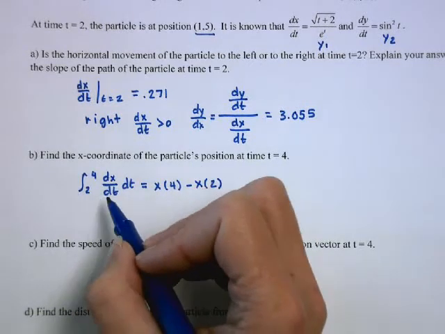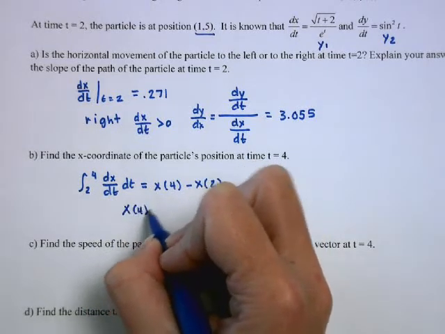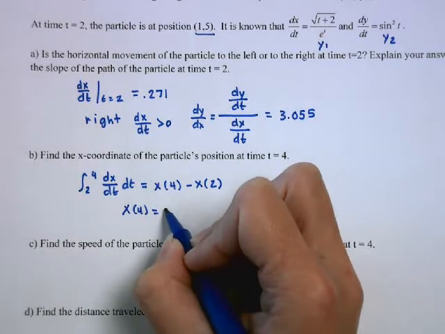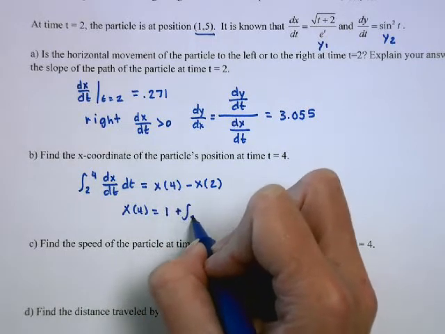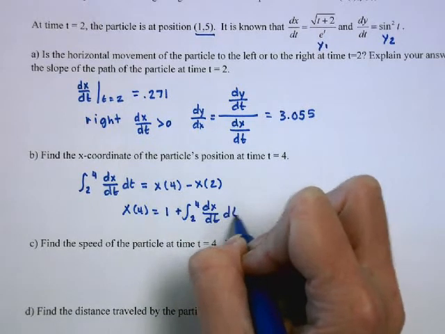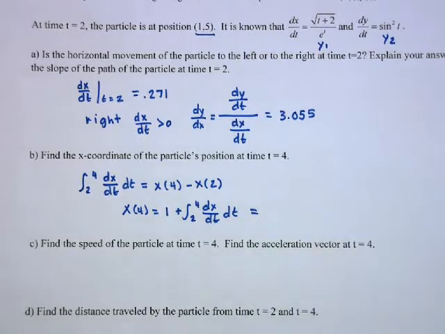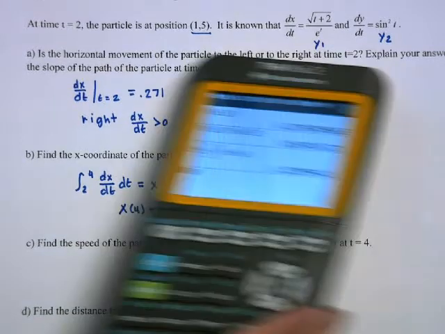This we're going to get in the calculator. So x of 4 is going to be x of 2, which we know is 1, plus the integral from 2 to 4 of dx/dt, and then we'll type this in the calculator. So we have 1 plus the integral from 2 to 4 of y1, because that's where we stored the dx/dt, which gives me 1.253.